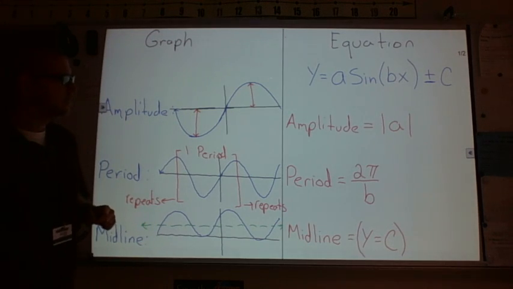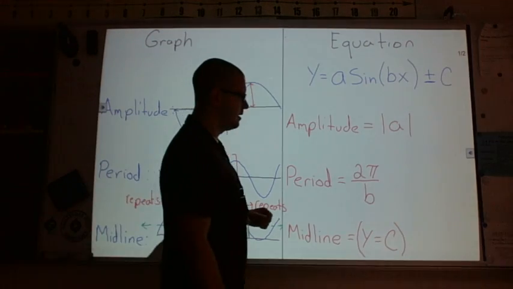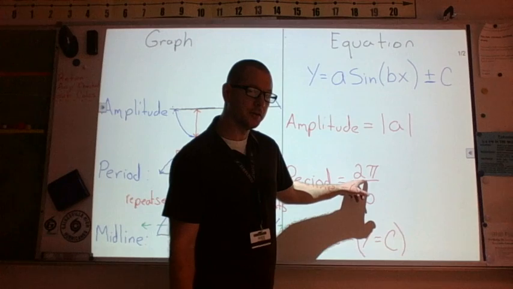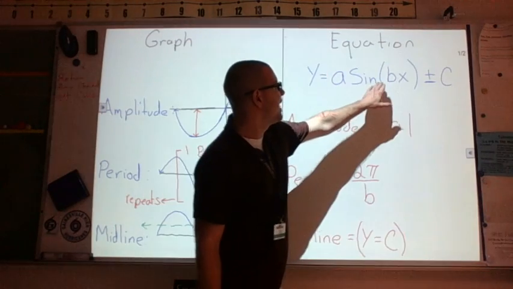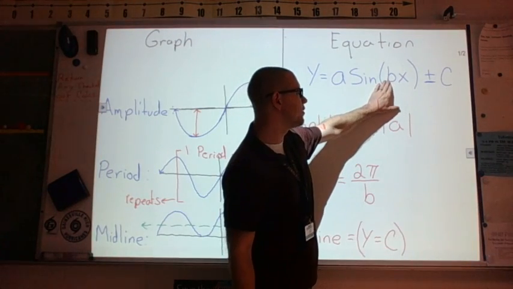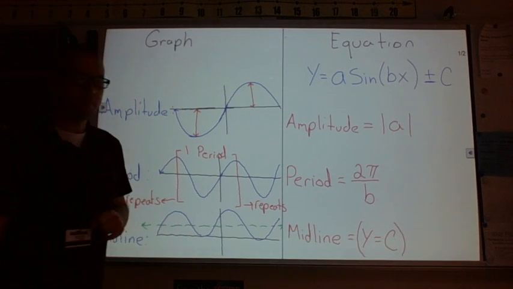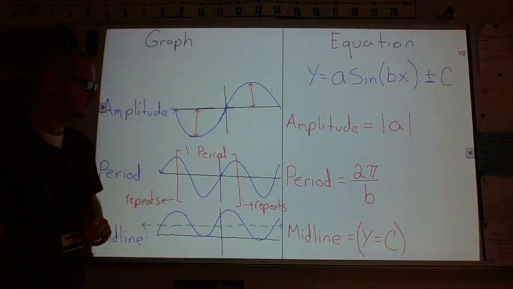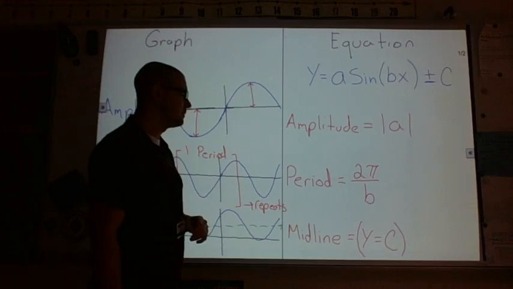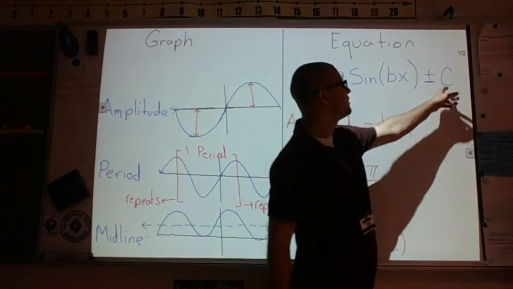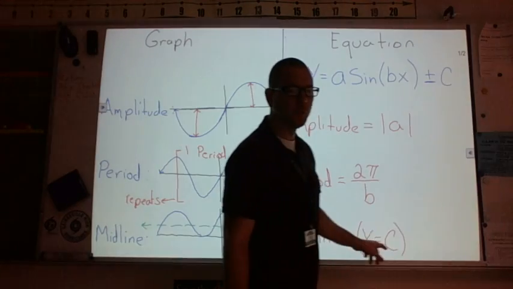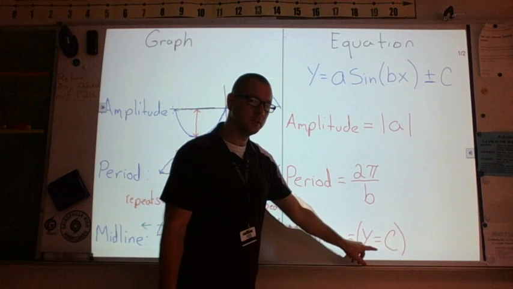The period is 2 pi, the number of radians in a circle, divided by b. Whatever b is, 2 pi divided by b gives me the period of that function. And the midline goes with c, and we get an equation. It's y equals c.